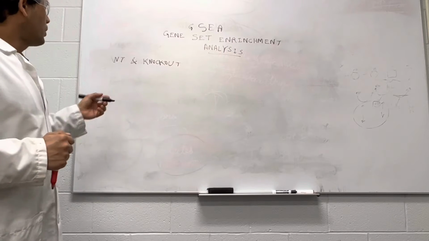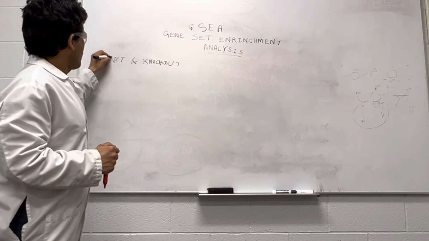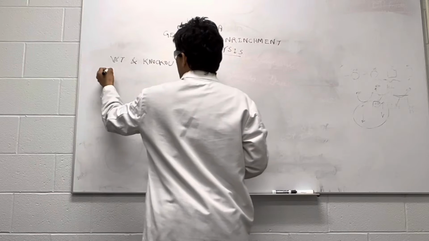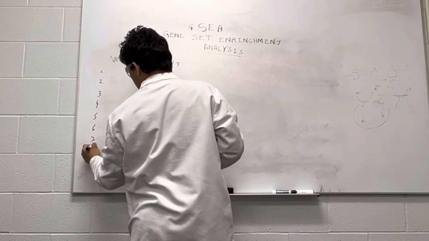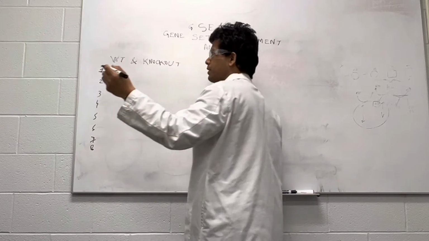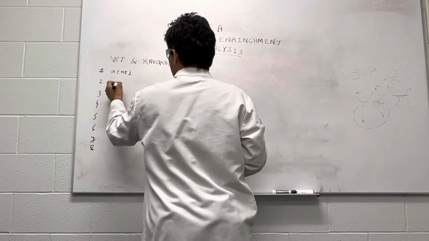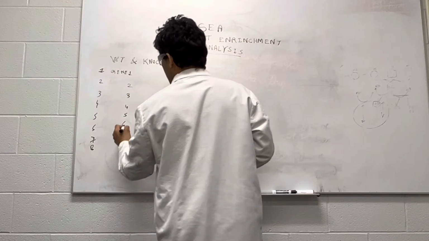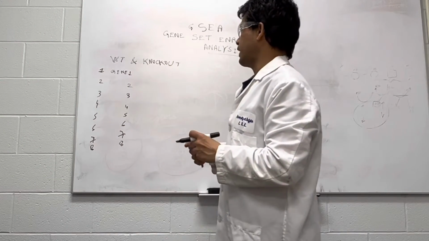In order to use GSEA, what it first does is, suppose we have a list of genes that are expressed in wild type and a list of genes that are expressed in knockout.